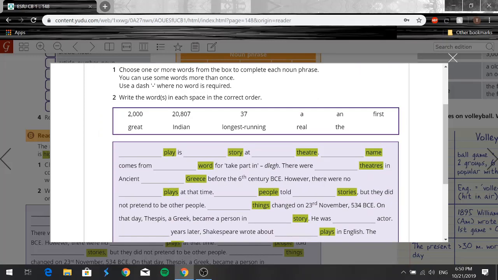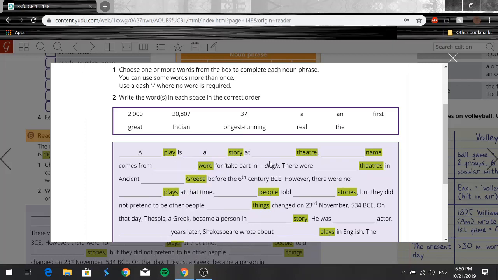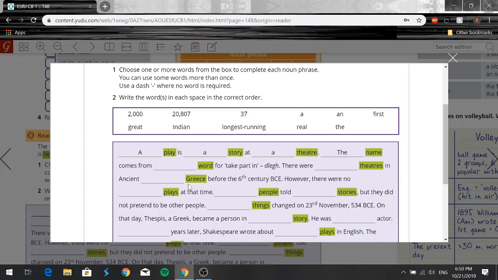So we have dash play is dash story, right? What a way to start. So we'll start with a. So we'll say a play is a story at a theater. We'll also say a. Dash name comes from dash word for take part and lay. So we'll say the name comes from an.